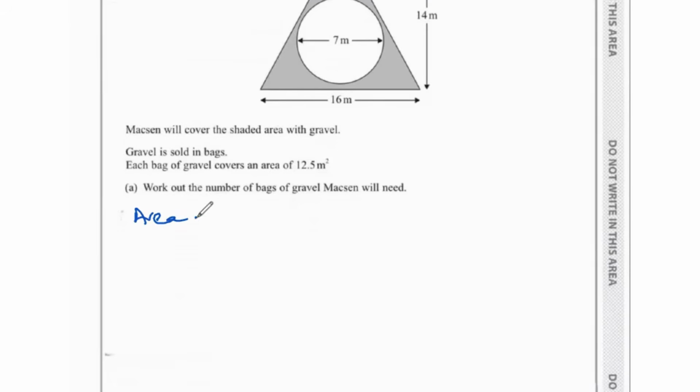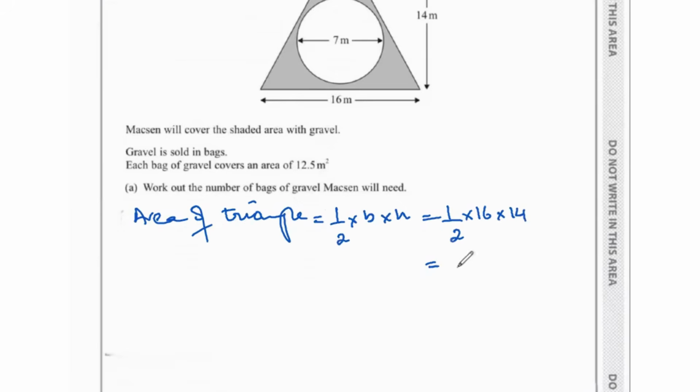Area of triangle is going to be half times base, which is 16, and times height, which is 14. So half times 16 times 14 gives us 112 meters square.